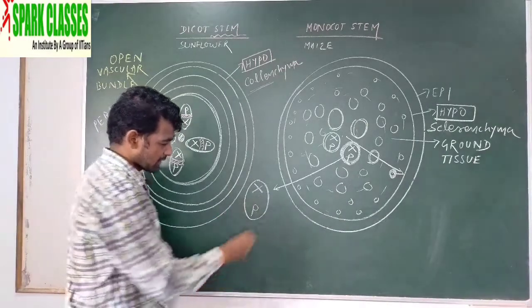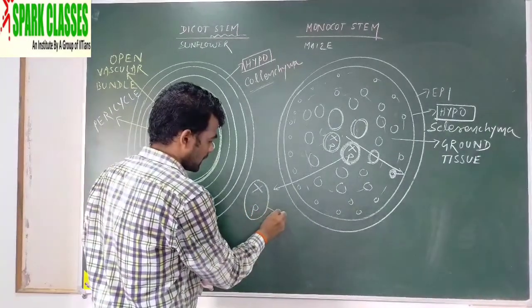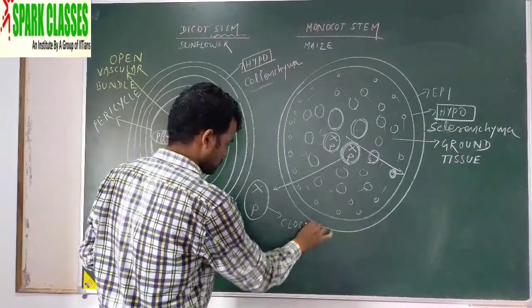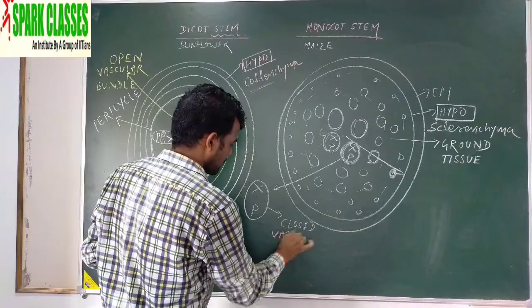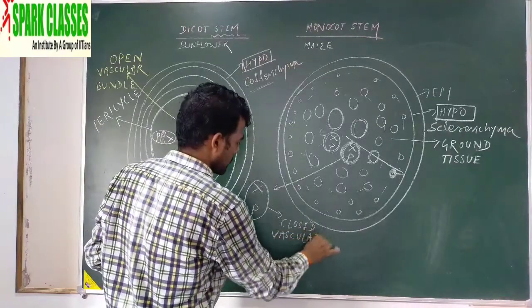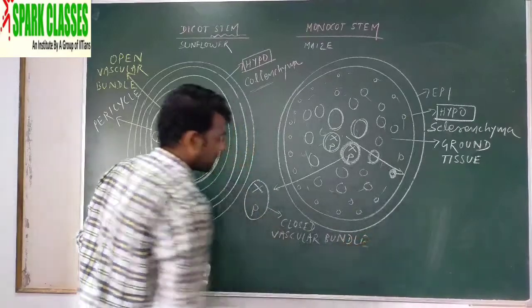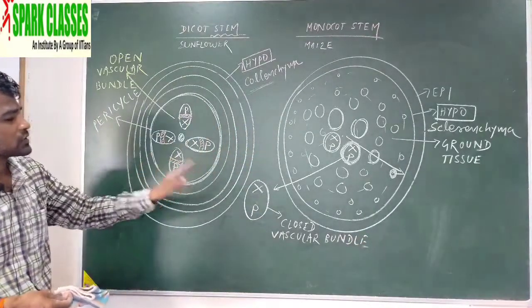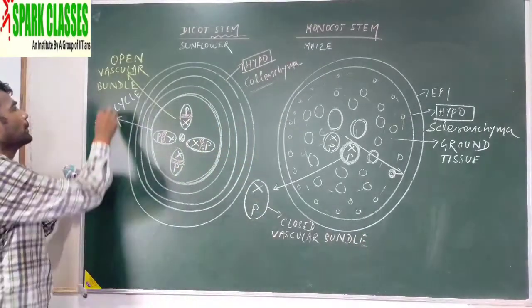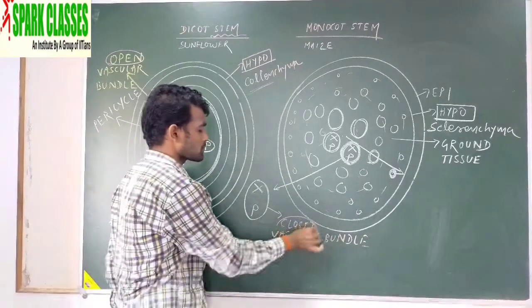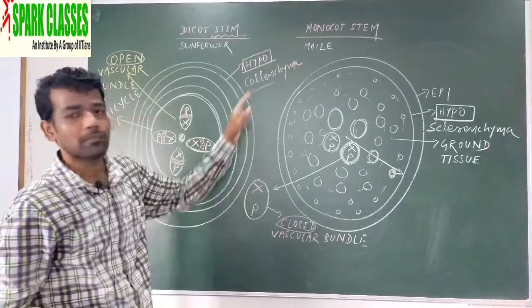So that's why this type of vascular bundle is called a closed vascular bundle. One is open vascular bundle, another is closed vascular bundle. Open vascular bundle is found in dicot, closed vascular bundle is found in monocot.